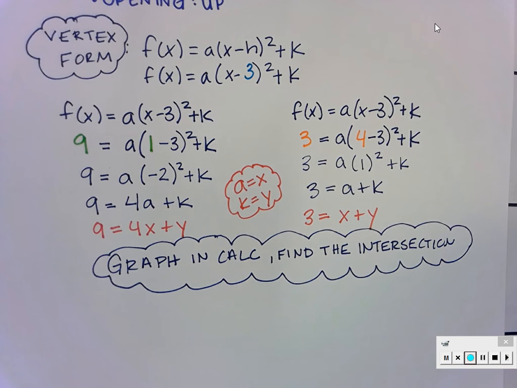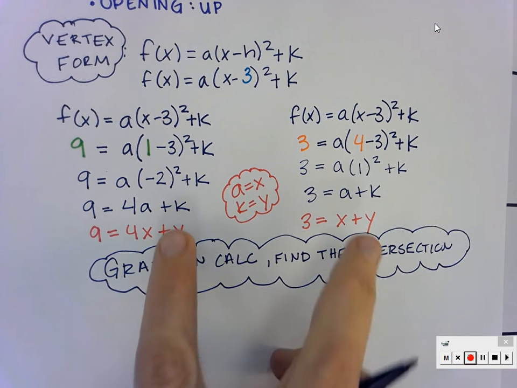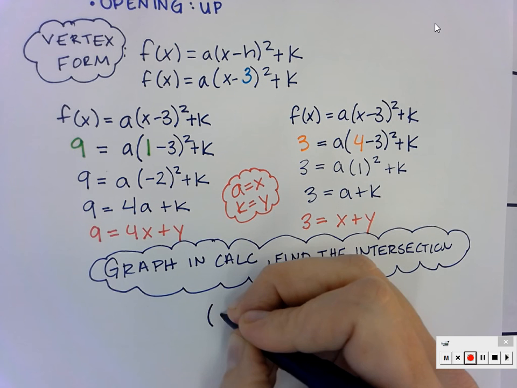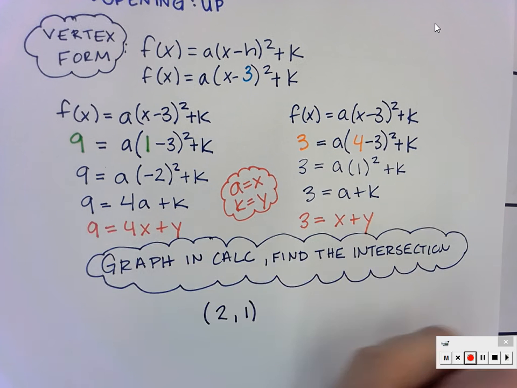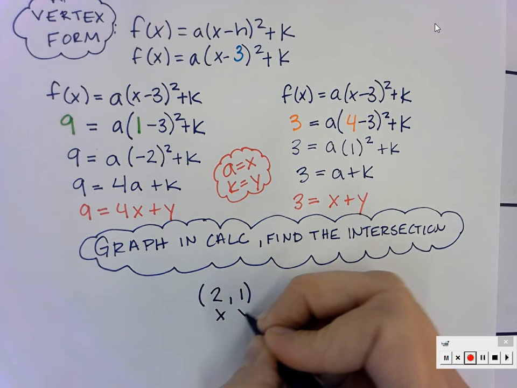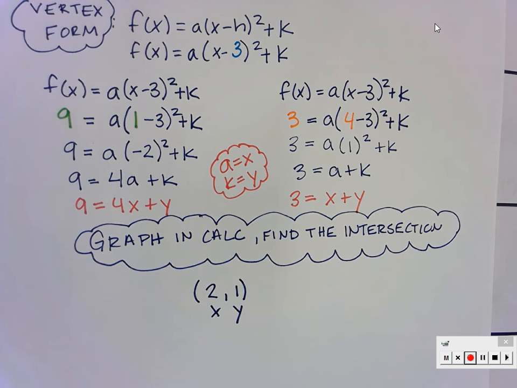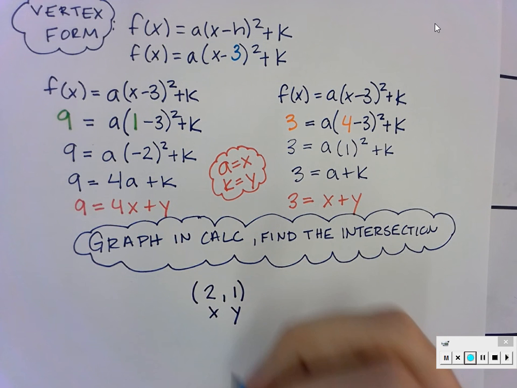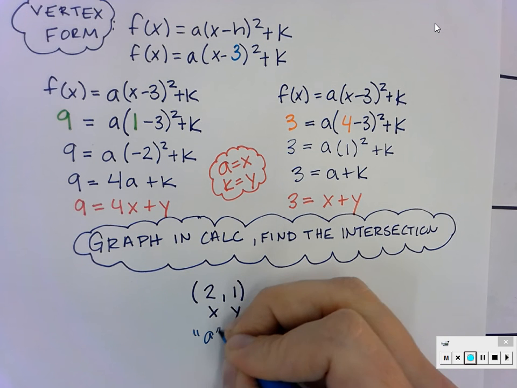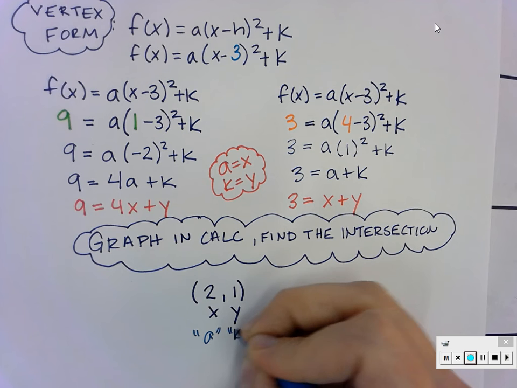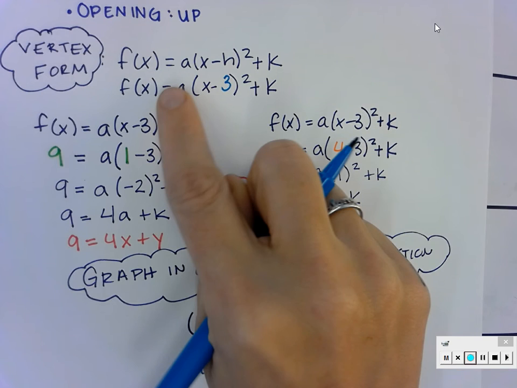So our calculator just told us that the solution to the system we had created was (2, 1), which we know is an xy point, but we are not dealing with x and y here, we're dealing with a and k. So really x is our a value and y is our k value, which was what we were missing in this equation here.